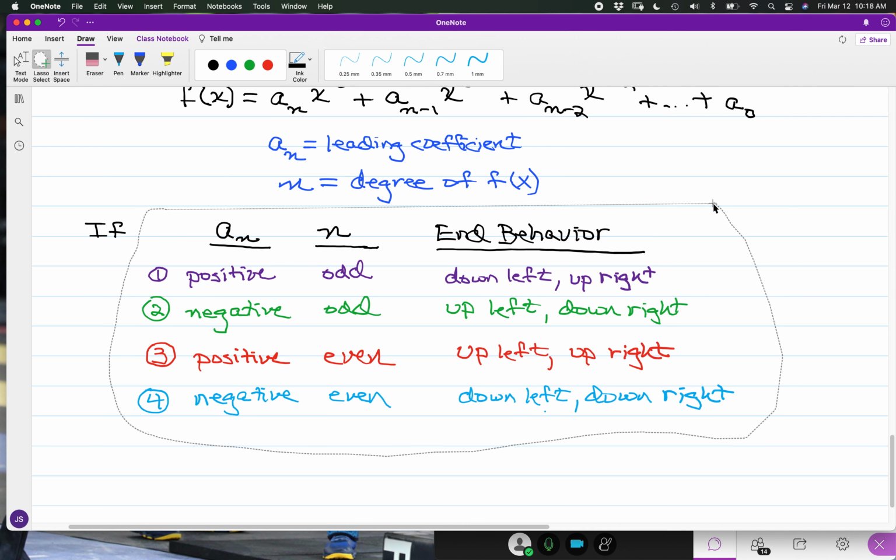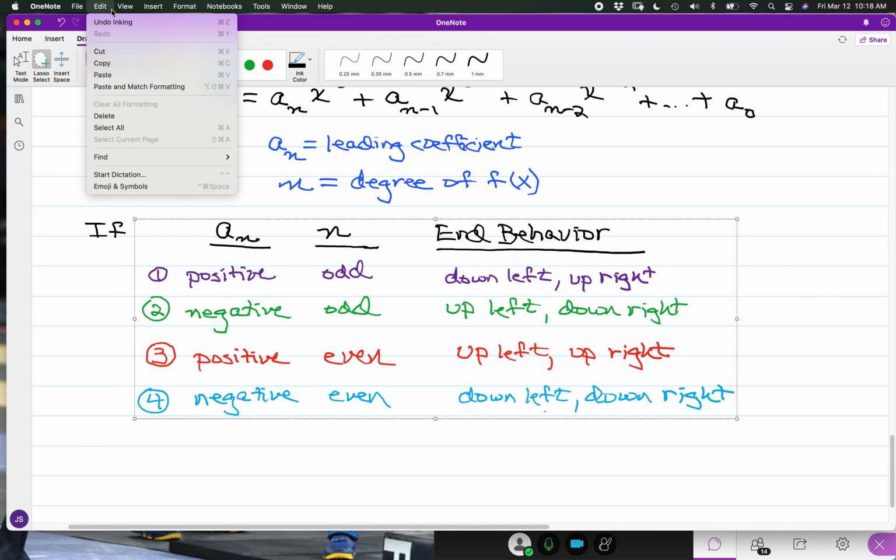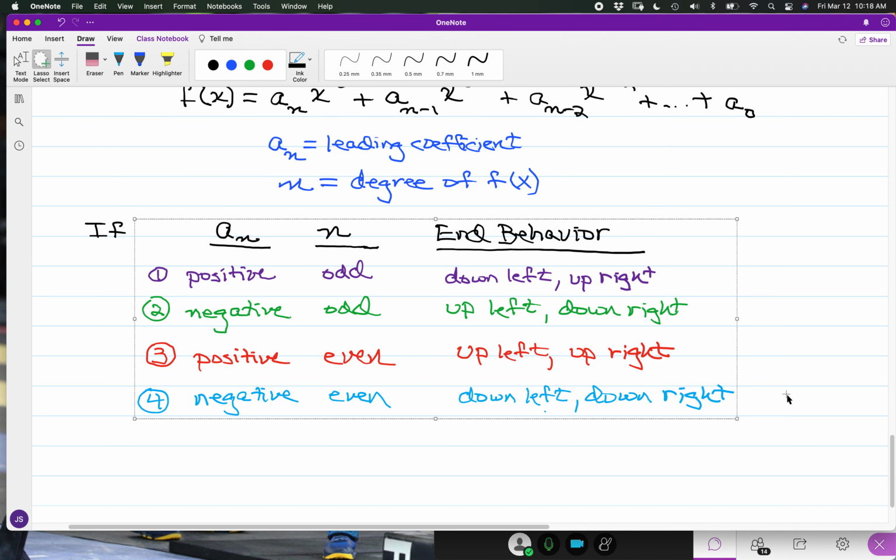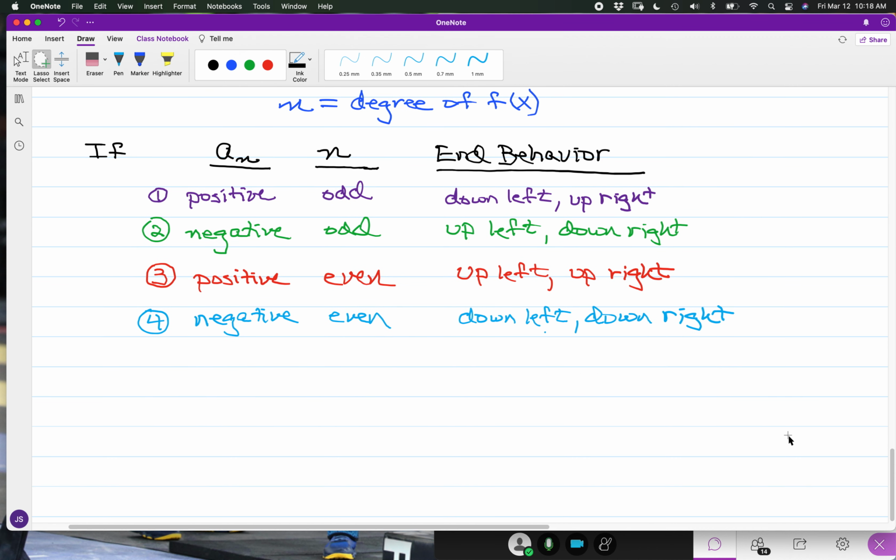Okay, so this is going to be how things follow through regarding the end behavior.